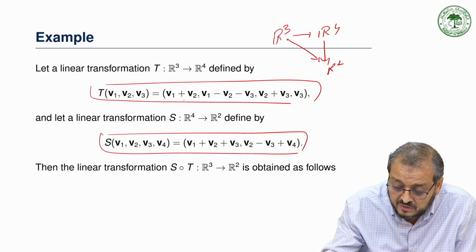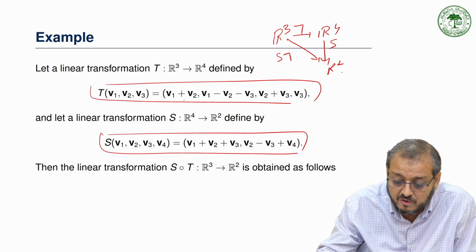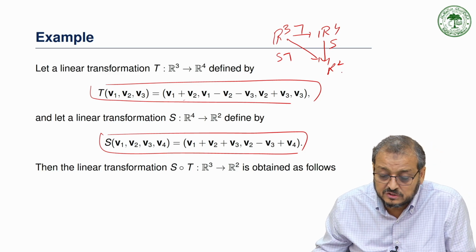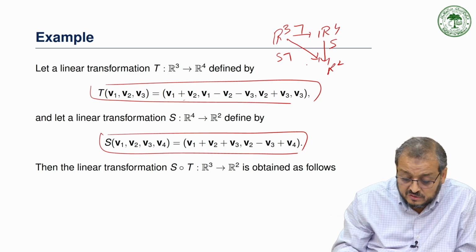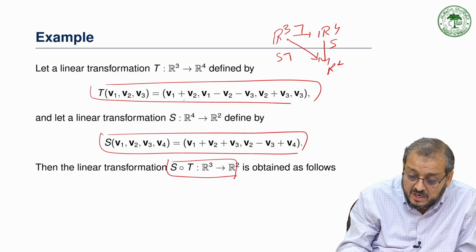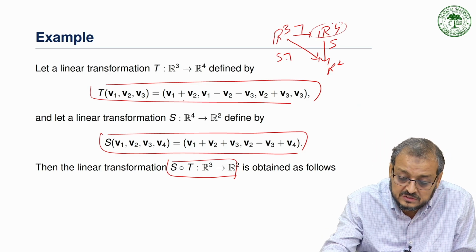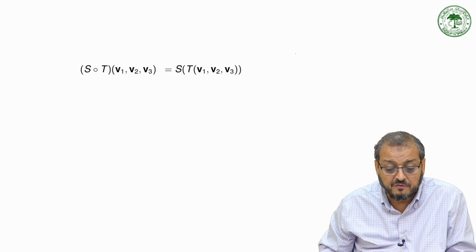So this means we can say that S of T is defined from R3 to R2. This is well defined, because the domain and range of T and S match. Now we have to try to find the value of this.